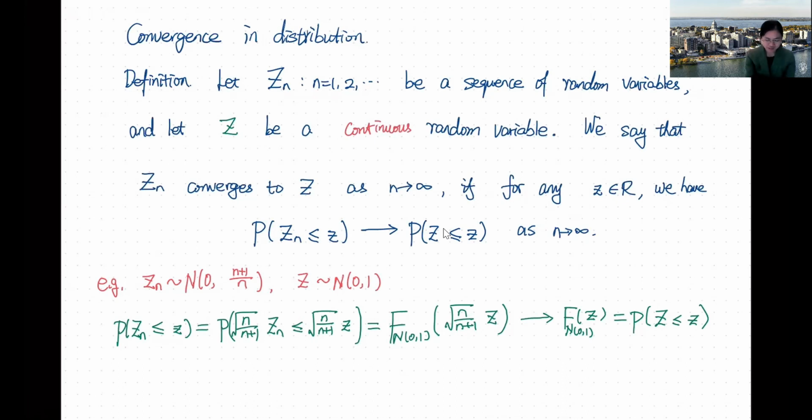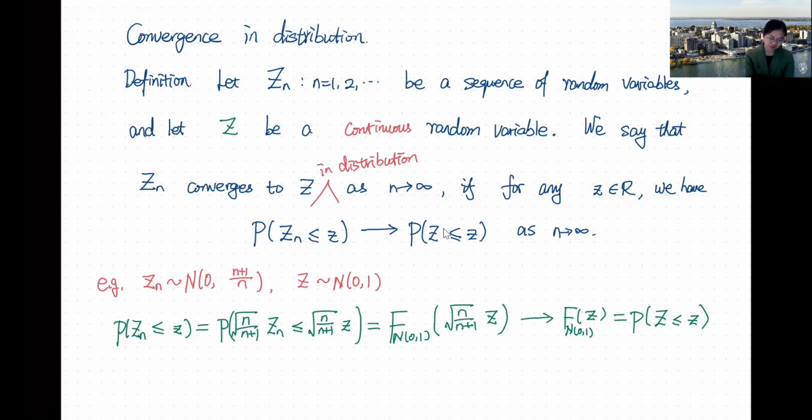We say that the sequence Zn converges to this continuous random variable Z in distribution as n approaches infinity if for any little z on the real line, the probability that Zn is less than or equal to little z converges to the probability that Z is less than or equal to little z as n goes to infinity.